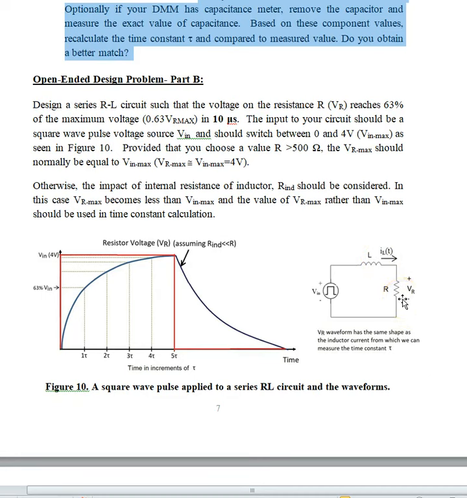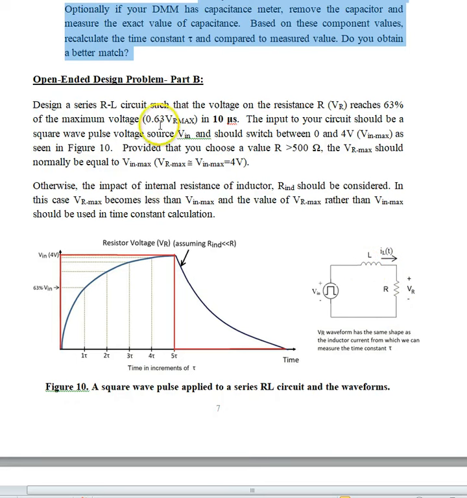Normally if you pick a resistor larger than the inductor's internal resistance, then you should see this resistor voltage reaching all the way to 4 volts. Remember, although it's an inductor, there's a series resistance value, maybe 50 ohms, maybe 70 ohms. So it's important that you pick a resistor really larger than this one.